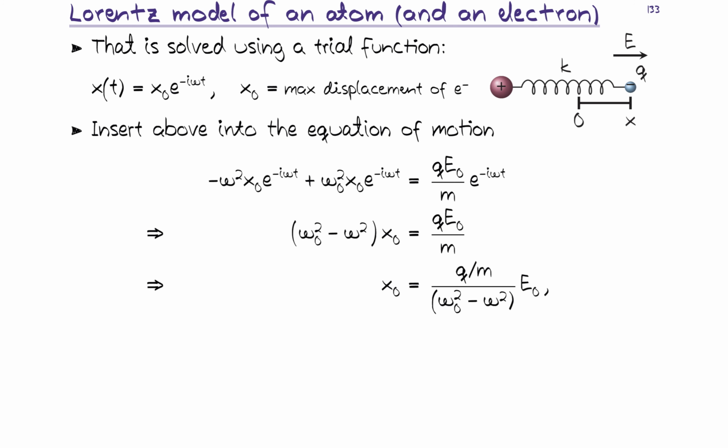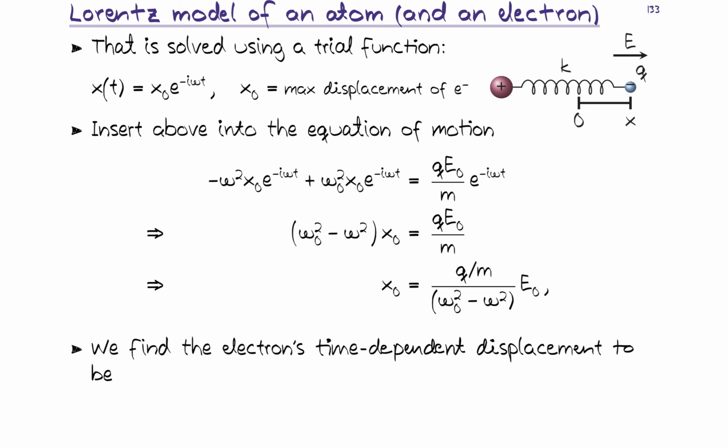And now we can plug this into the trial solution, and we can see that the time dependence of the displacement is of a form that we have some kind of magnitude term depending on the driving field's frequency, how close we are to the resonance frequency omega naught, and then we have just normal harmonic time dependence.